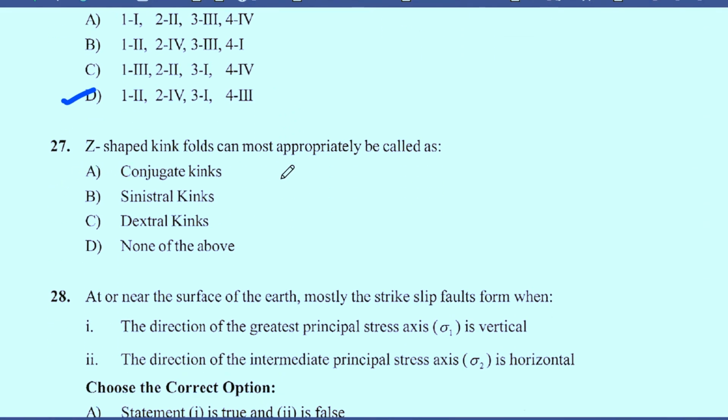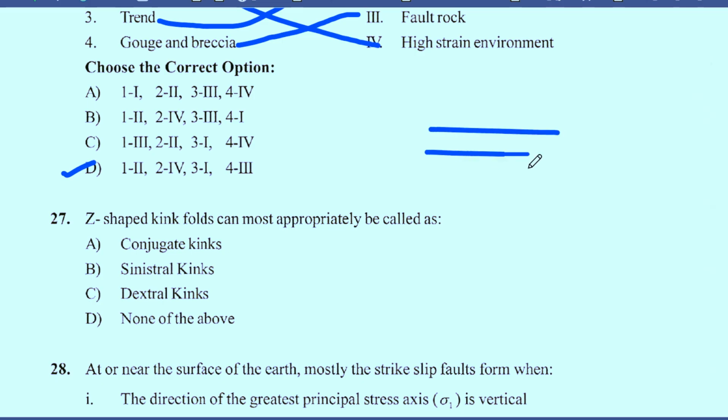Z-shape kink folds can mostly be called as, sinistral or dextral will come, and I will tell you. Suppose these are competent beds and this is an incompetent bed, and we apply a force from here.